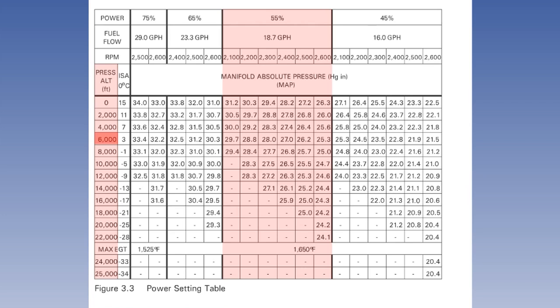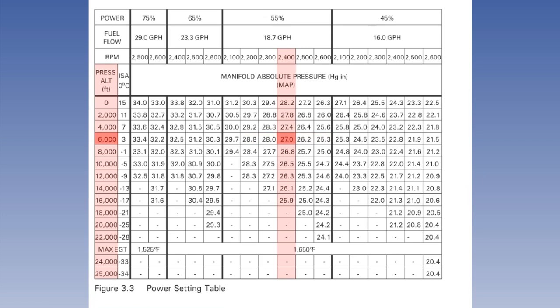Let us assume 55%, and then read the fuel flow in US gallons per hour, which in our example is 18.7 gallons per hour. In the same power block, select the column appropriate to the engine RPM, say 2,400. And where this column intersects the pressure altitude row, read off the manifold pressure.